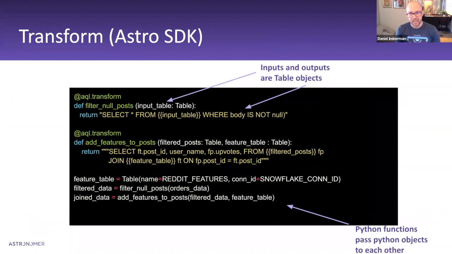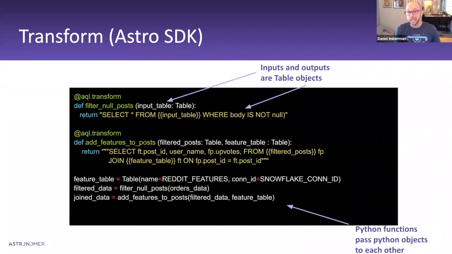With the Astro SDK, now we have the AQL.transform decorator. So you can basically create Python functions, insert a SQL statement into that Python function, and using Jinja templating, we will automatically move your data. We will automatically take any parameter and handle the safety of it.